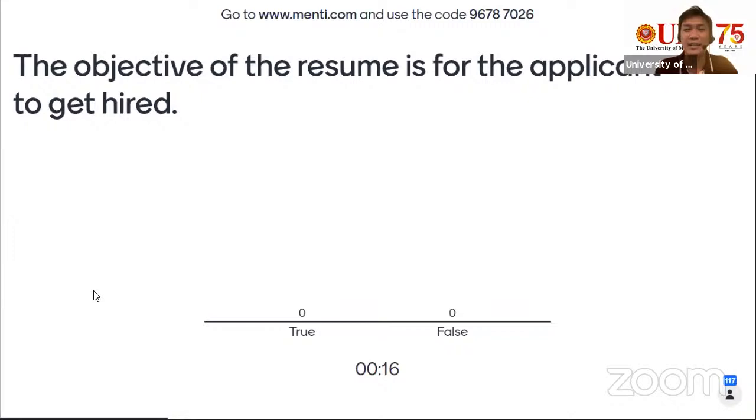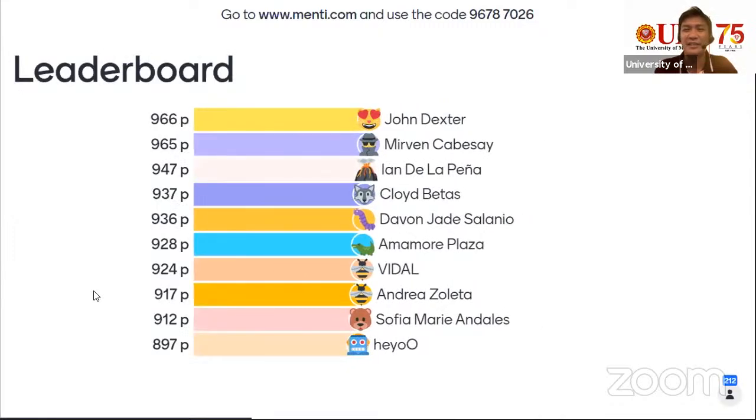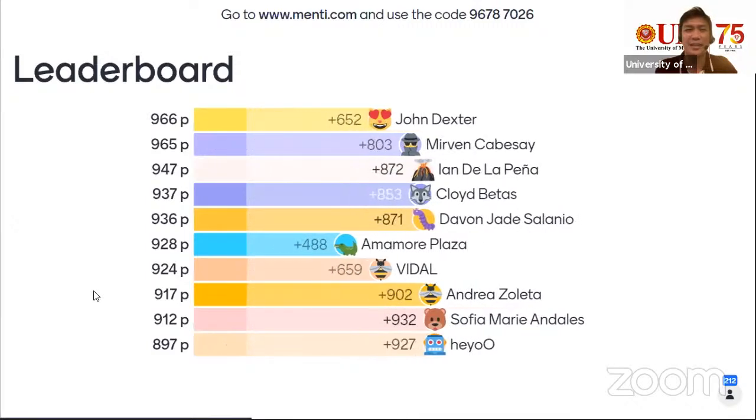Click your answer now. 5, 4, 3, 2, and 1, and time is up. In the chat, most said true, but the correct answer is false. Maybe you're confused, so later we will discuss that one. What's really the purpose of the resume?